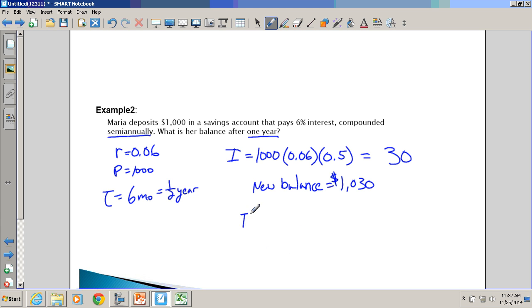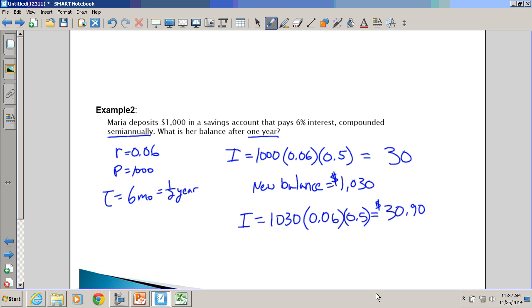So now my new interest is going to be my new balance times my interest rate times how many times it's compounded. So 1/2. When you do this out, you're going to get $30.90. So now, notice it's not the same, which is what the whole thing of compound interest is.